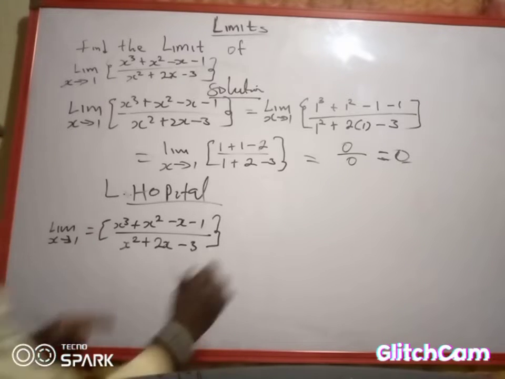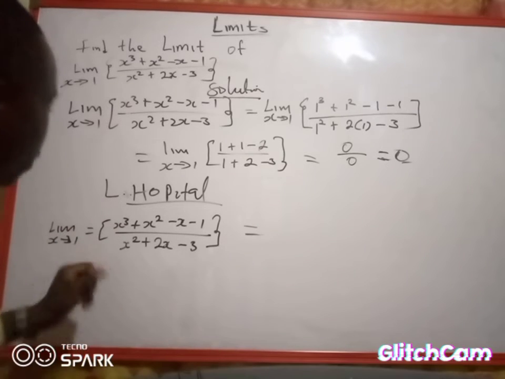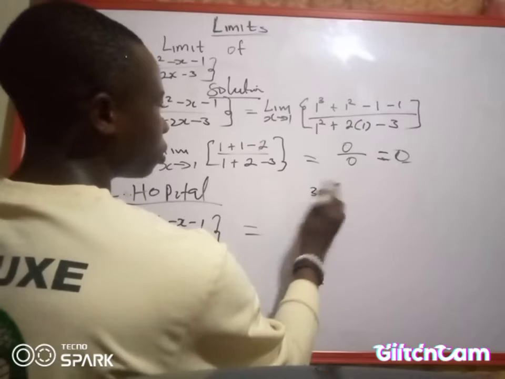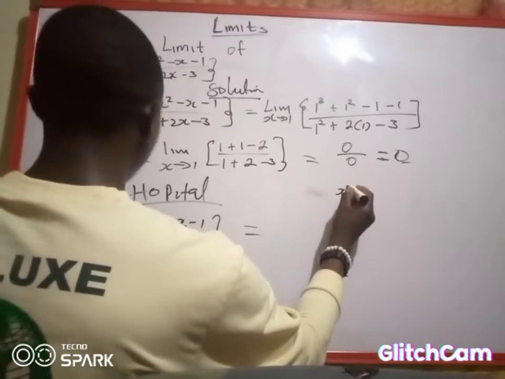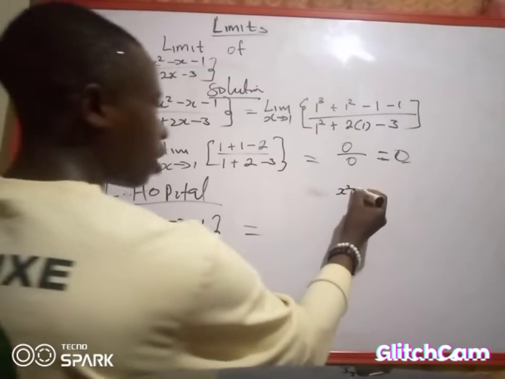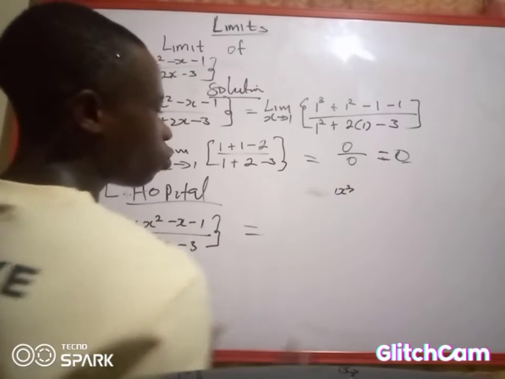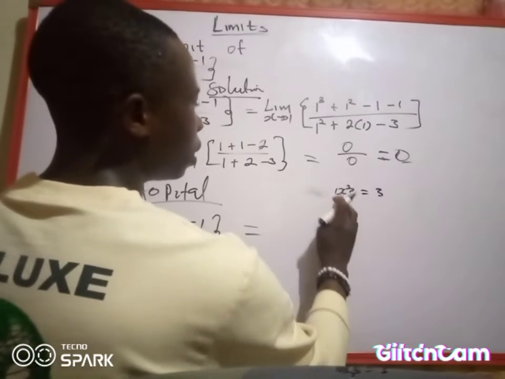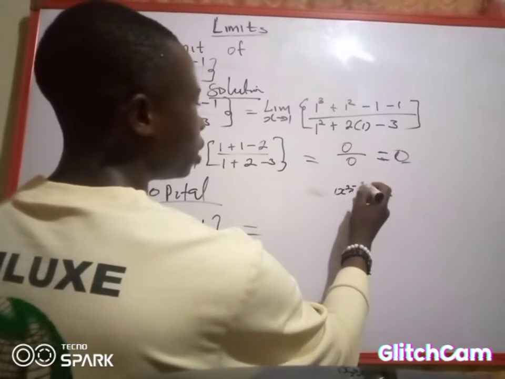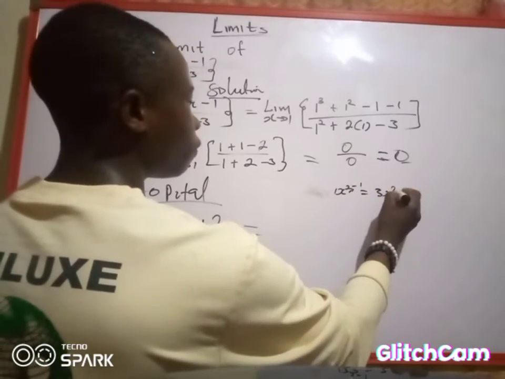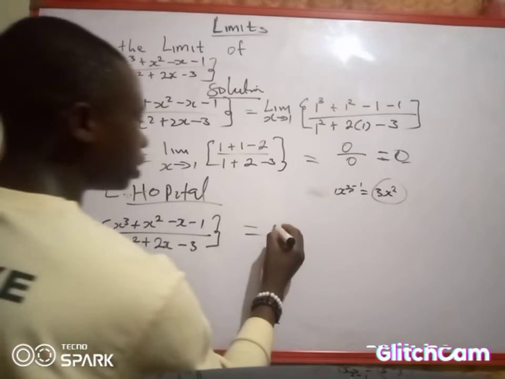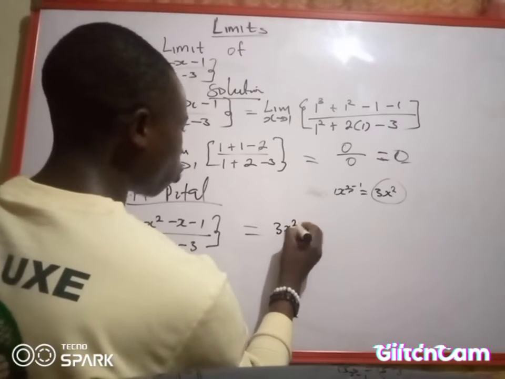So let us differentiate the function separately. If you differentiate s cubed, we bring down the power 3, and then take away 1 from the power 3, we have 2, which gives 3s squared. The derivative of s cubed is 3s squared.